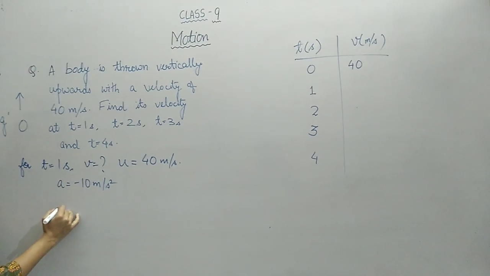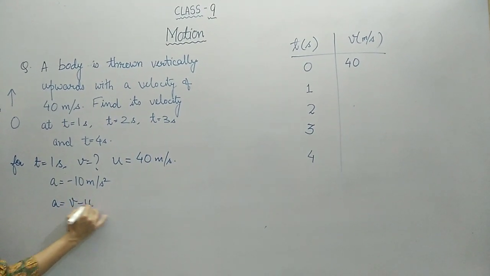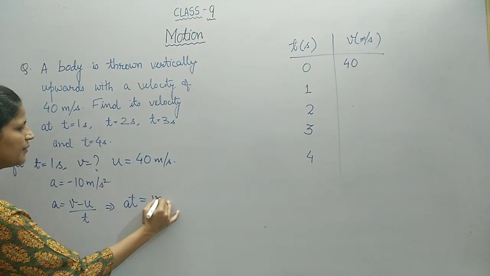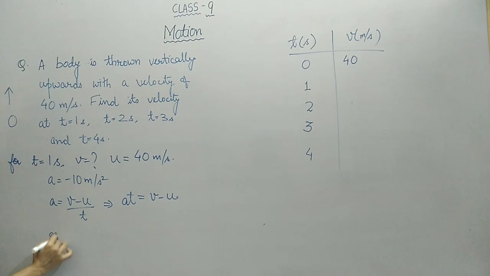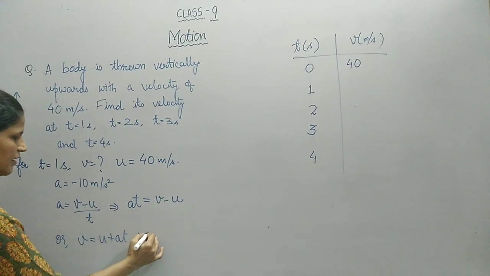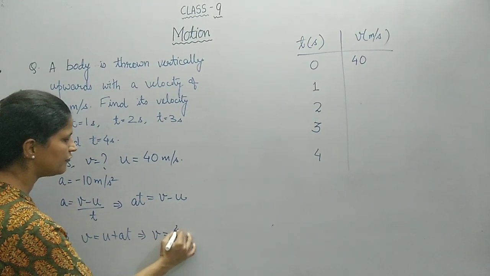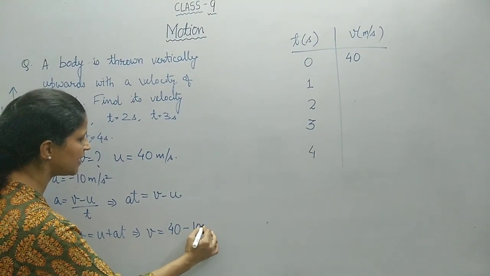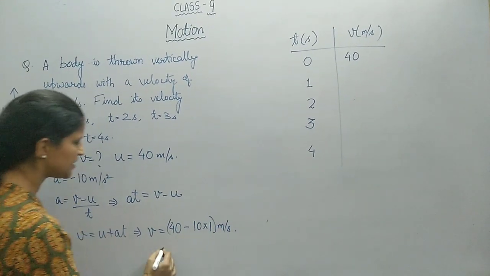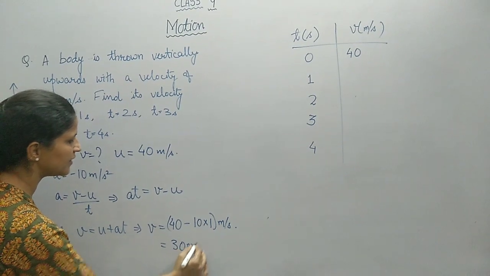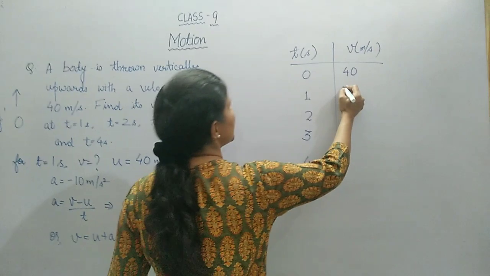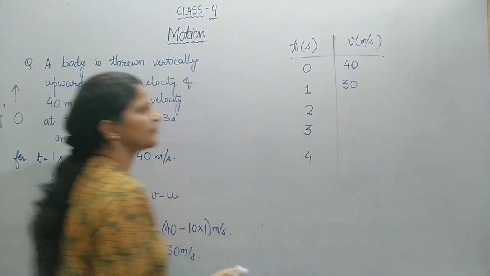So using the formula a is equal to (v minus u) upon t, we get at is equal to v minus u, or v is equal to u plus at, which gives us v is equal to 40 minus 10 multiplied by 1 in meter per second, which is equal to 30 meter per second, which means that after 1 second, velocity of the body becomes 30.